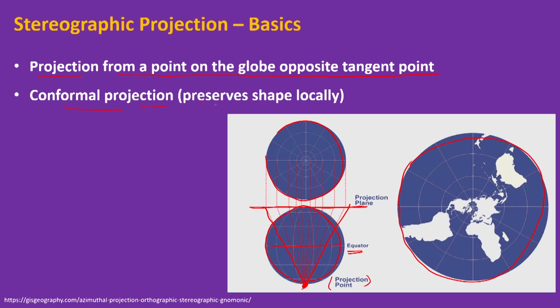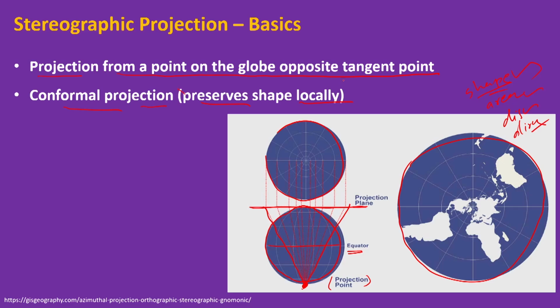Conformal projection, it preserves the shapes. As I said earlier, shapes, area, distance and direction. So, it preserves shapes. If you look at any country, it preserves the shapes of the country or area. This is mainly for retaining the shape, whereas area, distance and direction may get distorted.